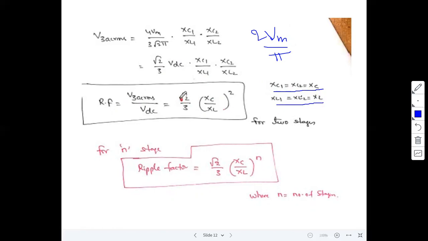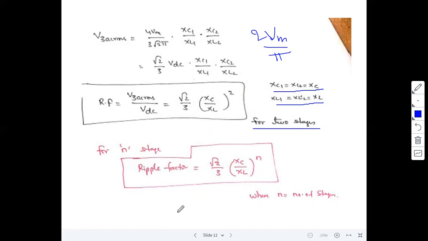Then it is root 2 by 3 into XC by XL whole squared. This ripple factor expression is for a two stage L section or LC filter.